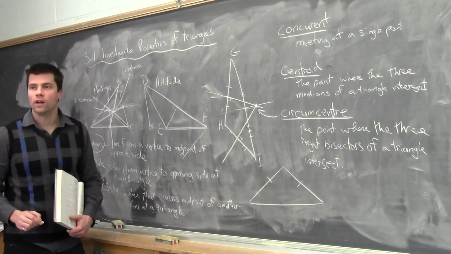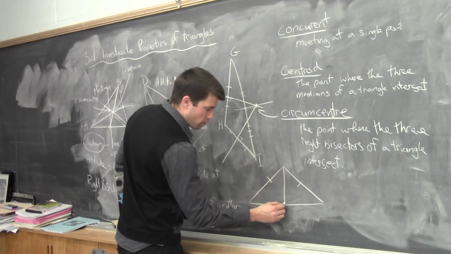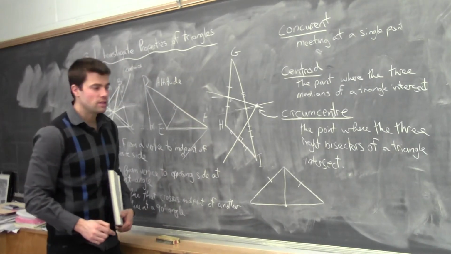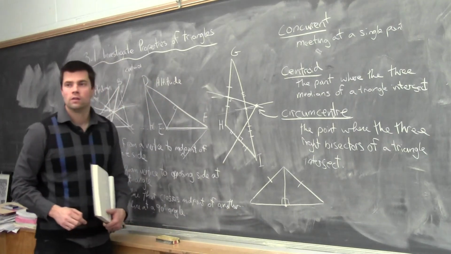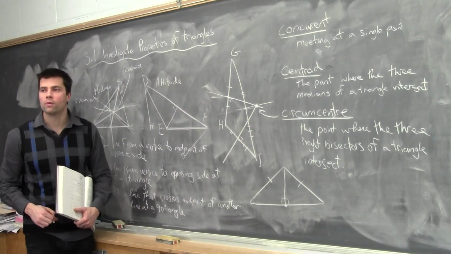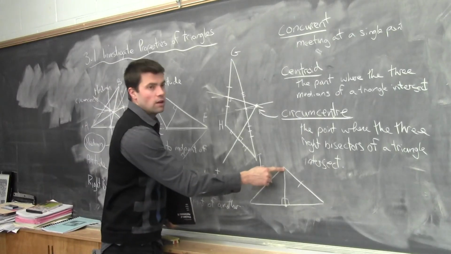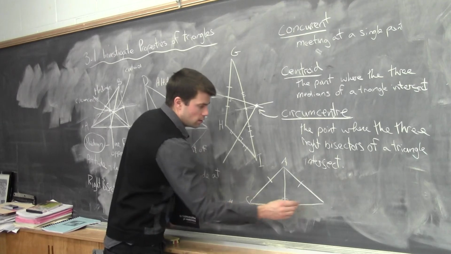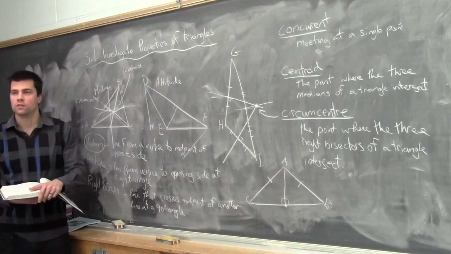What we find out then is the median, so from the vertex to the opposing side midpoint, ends up being the right bisector as well. Okay, so that's a unique property of isosceles triangle, is that the median from the vertex between the two equal sides, in this case vertex A, ends up being the right bisector.